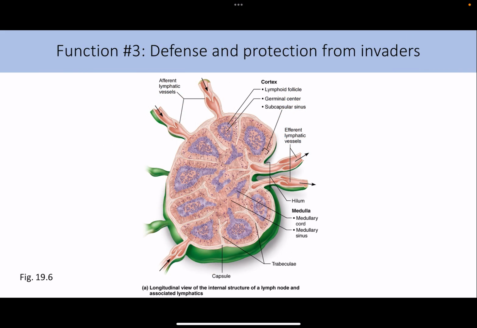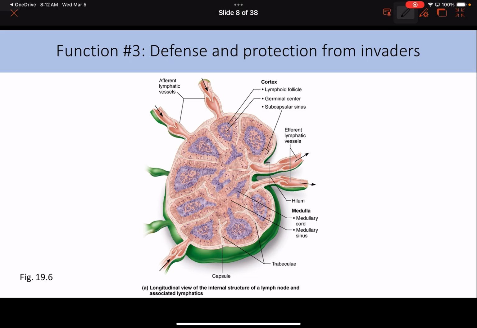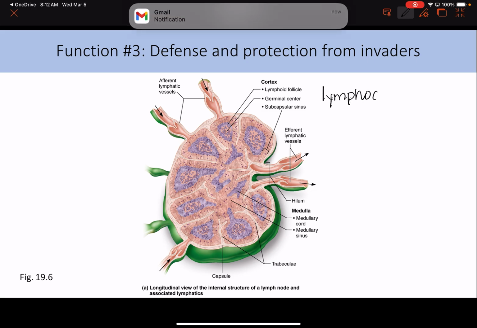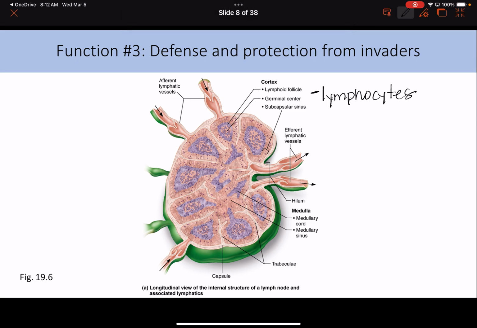All right, so function number 3 is that the lymphatic system, its job is to defend and protect us from invaders. So one thing I want you to remember, and I want you to highlight it, circle it, put a star next to it. The main job of our lymphocytes, because our lymphocytes are our main cell type for the lymphatic system.